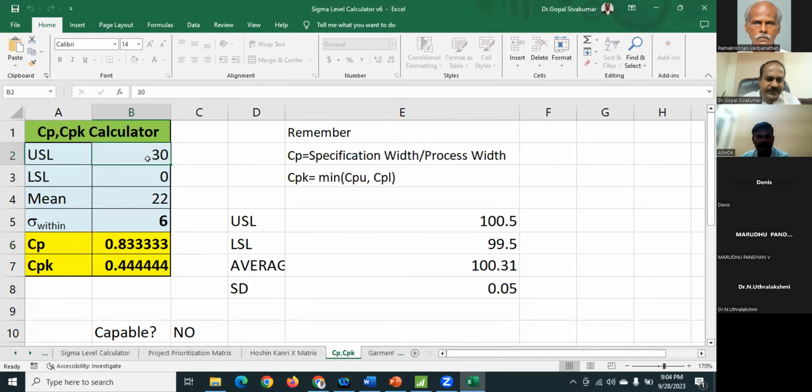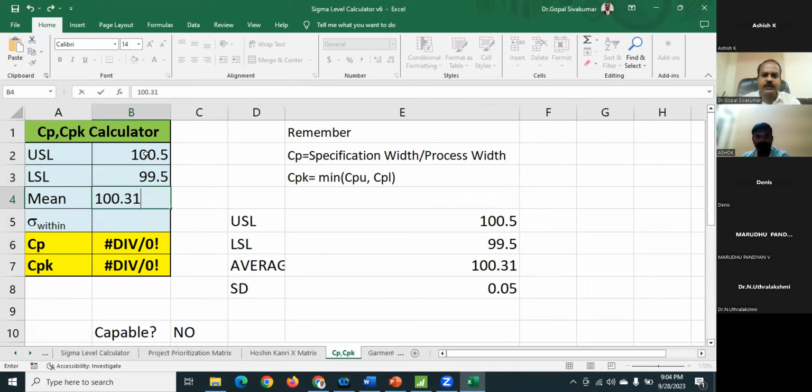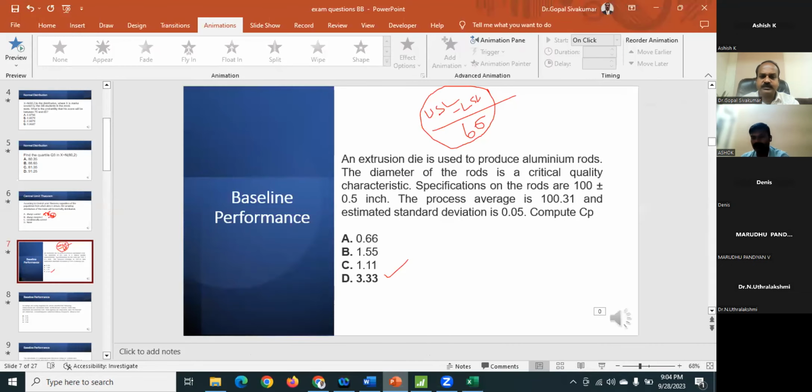Here I am going to type. What is the upper spec? 100.5. What is the lower spec? 99.5. Can you tell me how much is the average? They have told you 100.31. So standard deviation, how much did they tell? 0.05.